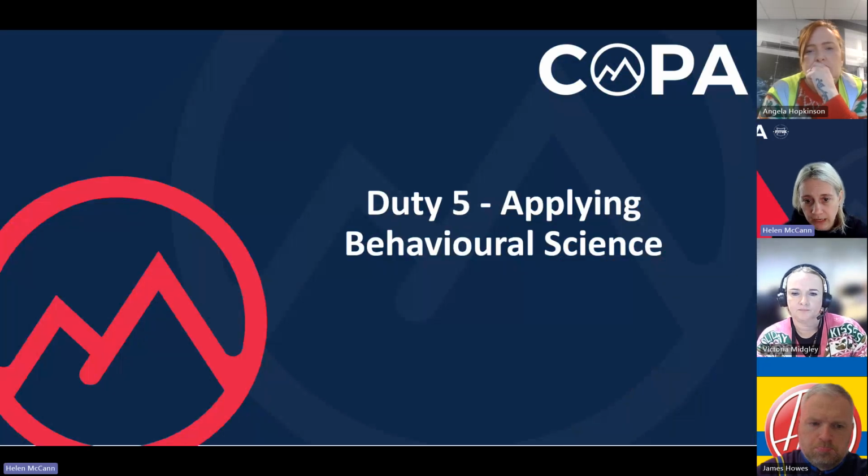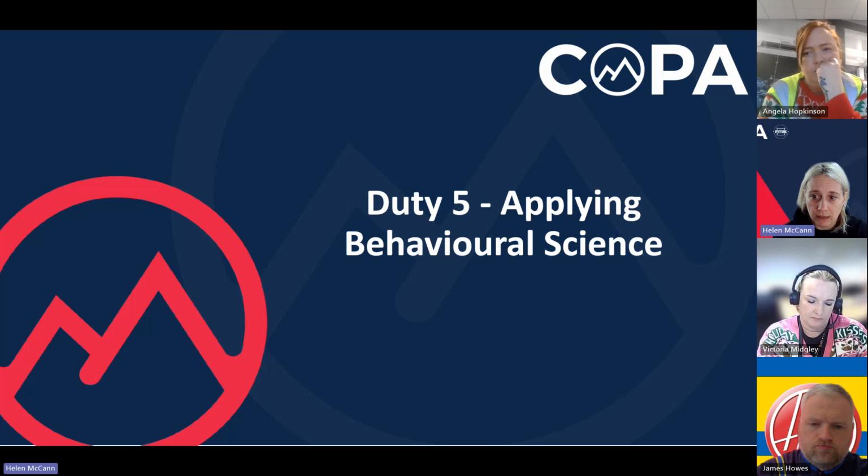So we'll look at duty 5 now. This is applying behavioural science, and we're going to develop skills to build trust and rapport with the individual, understanding and applying behaviour change models to design effective interventions, empower individuals to set and achieve goals that align with their personal needs and values, and then use evidence-based tools to create measurable and sustainable behaviour change.